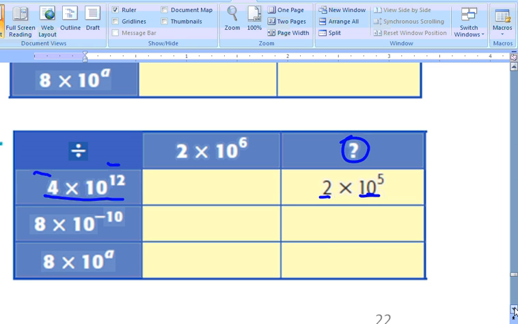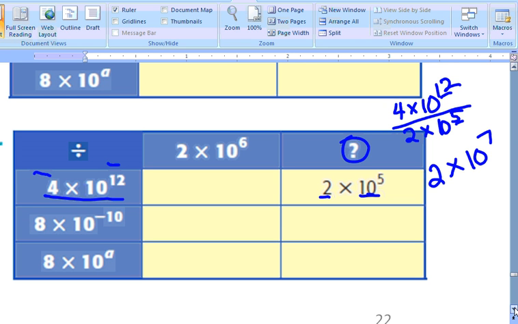And so really what I need to do is 4 times 10 to the 12th divided by 2 times 10 to the 5th. And using my shortcuts, I'm going to do 4 divided by 2, which is 2. And then for division, we subtract the exponents, so we get 10 to the 7. So the missing number here is going to be 2 times 10 to the 7.